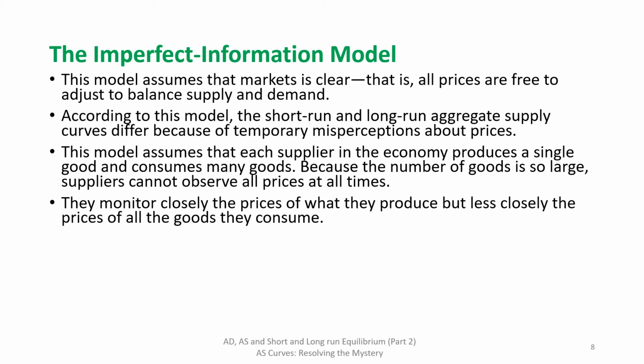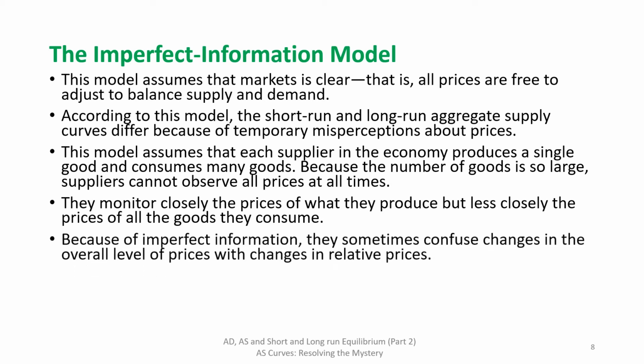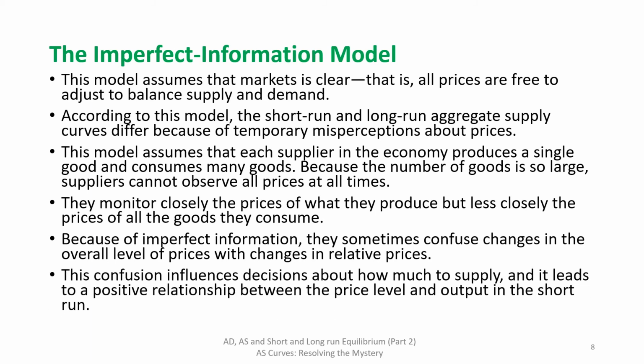Because of imperfect information, they sometimes confuse the change in overall price level with the changes in relative prices. This confusion influences decisions about how much to supply, and this leads to a positive relation between price level and output level in the short run.